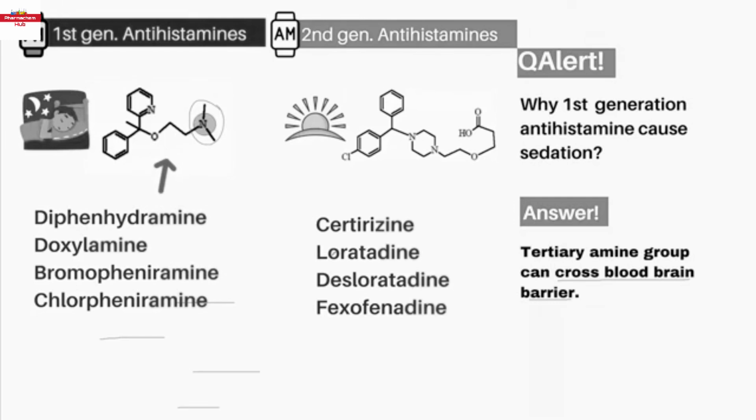So they act on the central nervous system, and also on the peripheral nervous system. Because they act non-selectively on the central and peripheral systems, they are often associated with severe sedation side effects.